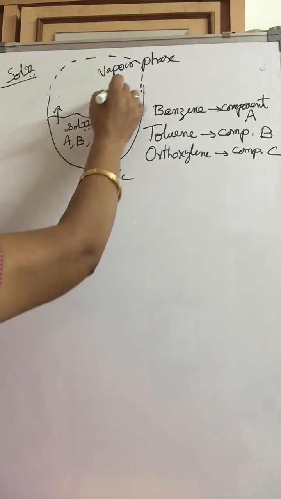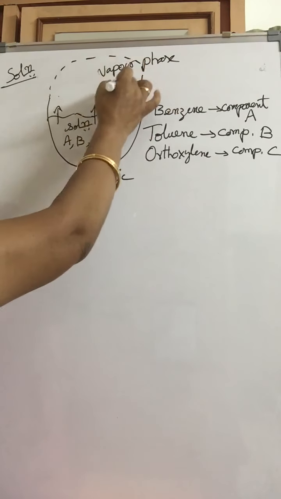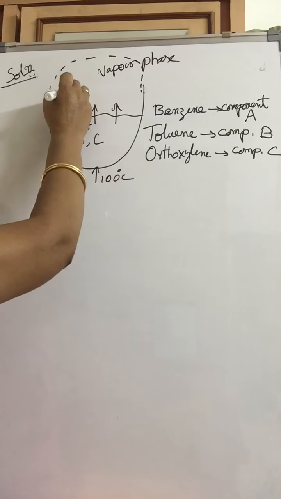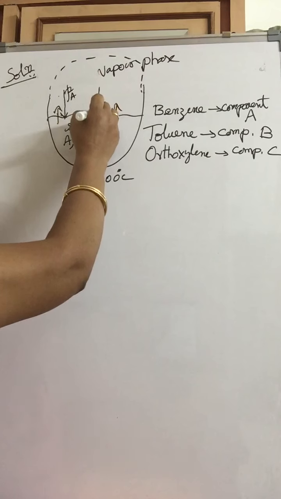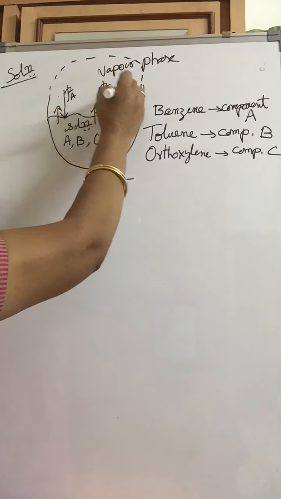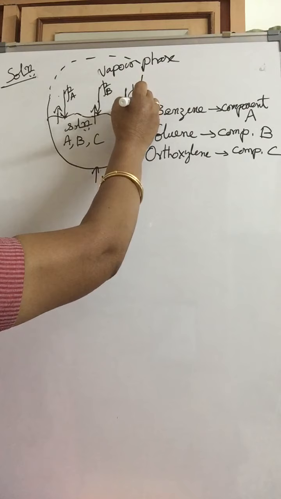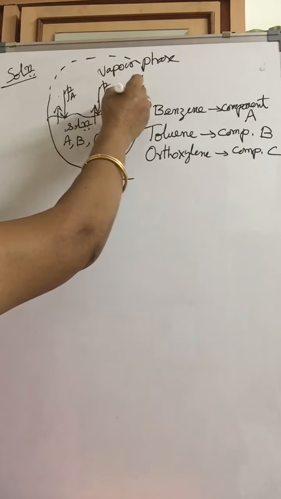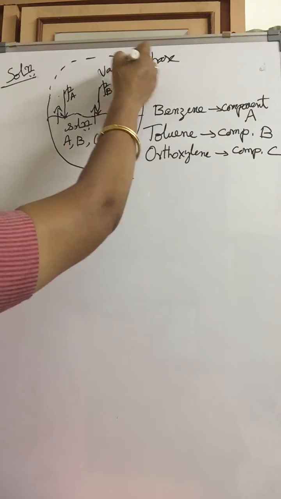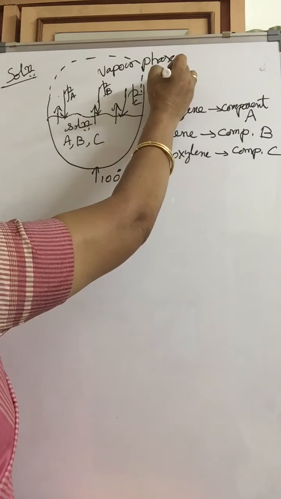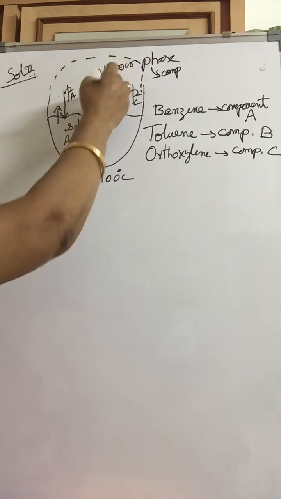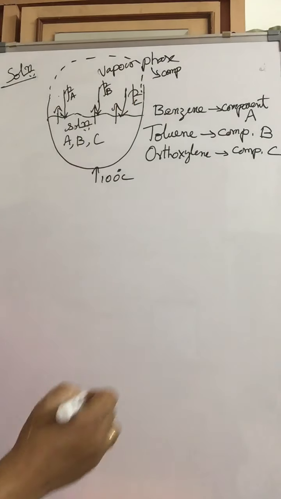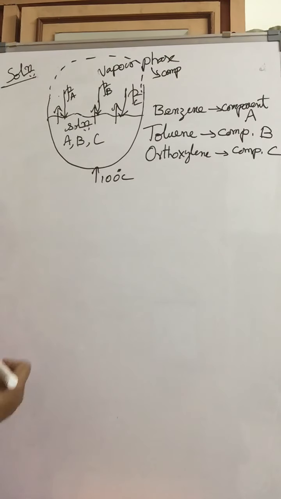After evaporating, all three form the vapor phase, and then each one exerts its partial pressure. Let it be PA, here PB, and here PC. So partial pressures exerted we are denoting like this. Then the vapor phase contains how much of each component, that we need to know. Now we need to calculate, that is the question.